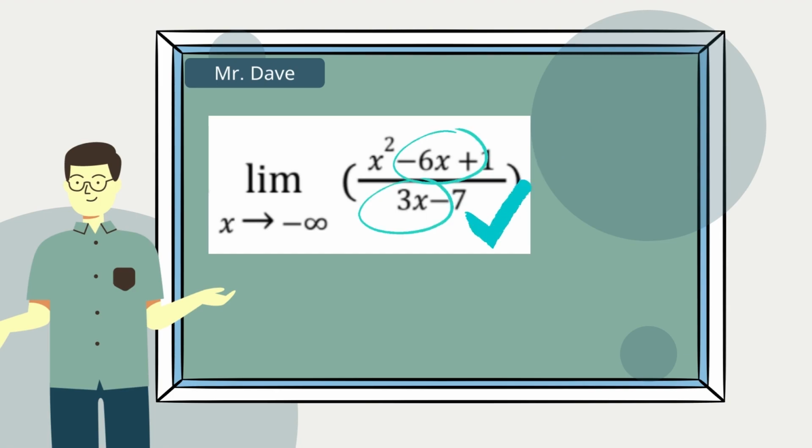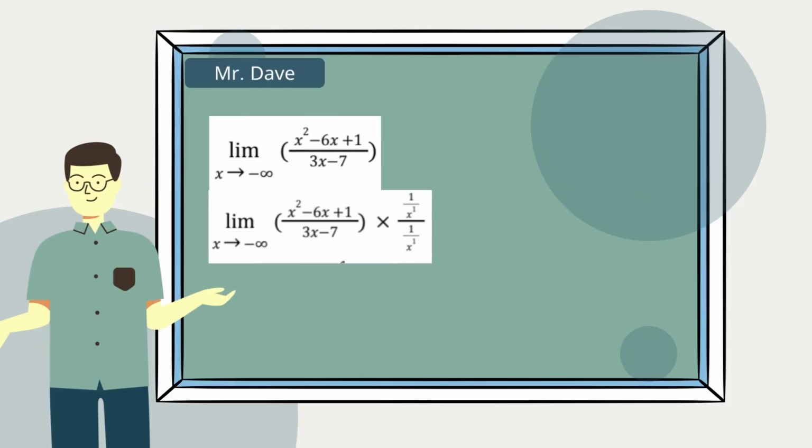Instead, we consider the negative 6x from the numerator and 3x from the denominator. So we multiply by 1 over x raised to 1, over 1 over x raised to 1. This is what we do when we have different highest exponents in the numerator and denominator.